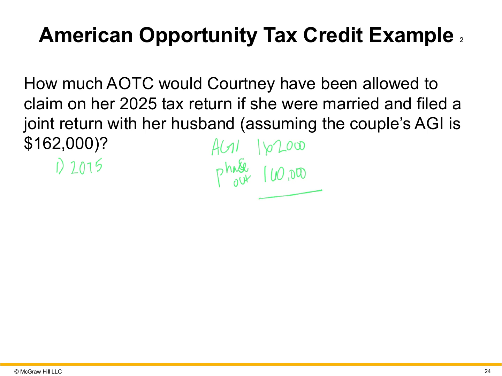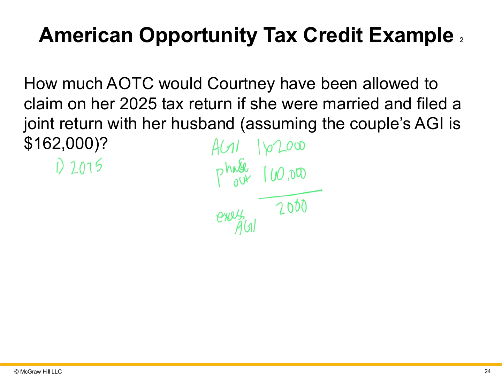And so then our excess AGI is $2,000. Then we will want to find our phase out range for a married taxpayer filing jointly.